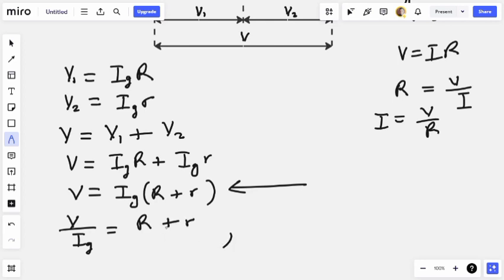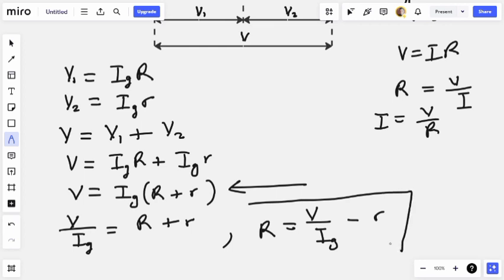Then we make big R the subject of the formula by taking small r to the other side. So we now have R equals V over Ig minus r, the internal resistance of the galvanometer. So this is the relation that we use for the design of a voltmeter.